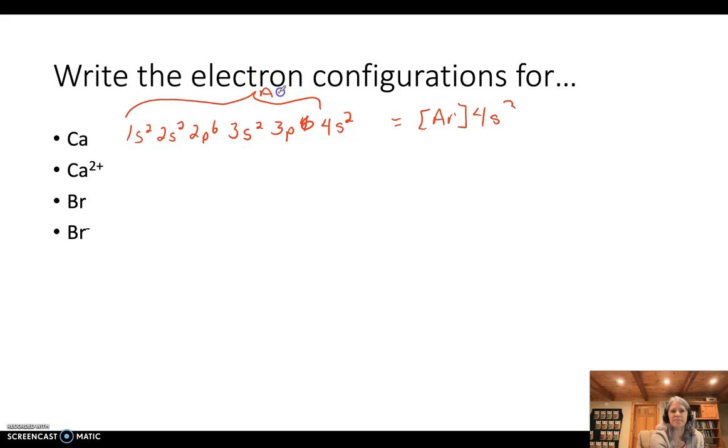It's argon there. All right, so then when we go to calcium 2+, right, this calcium is neutral. When we go to calcium 2+, we have to take away 2 electrons. And we see that if we take away those 2 electrons in the 4s2, we end up with the full argon shell. I always say a full shell is a happy shell, so this one is a happy one.